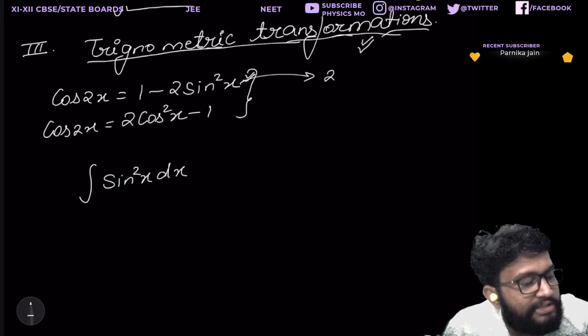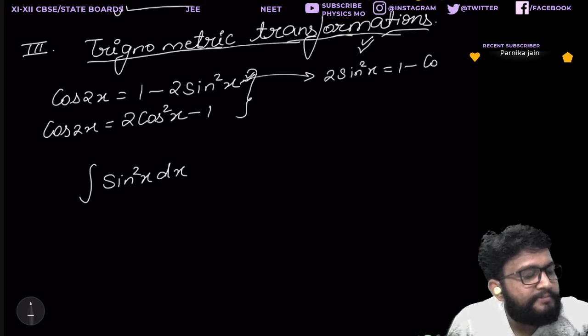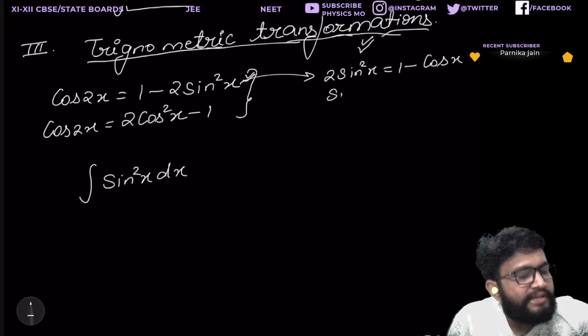So 2 sin square x will be equal to 1 minus cos 2x. So sin square x will be equal to 1 minus cos 2x, upon 2.